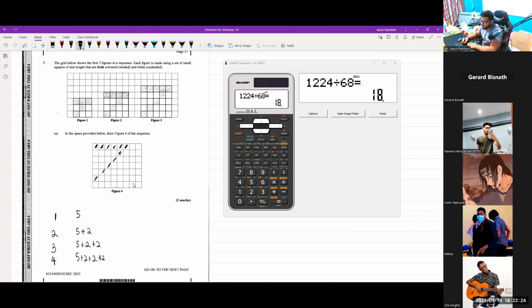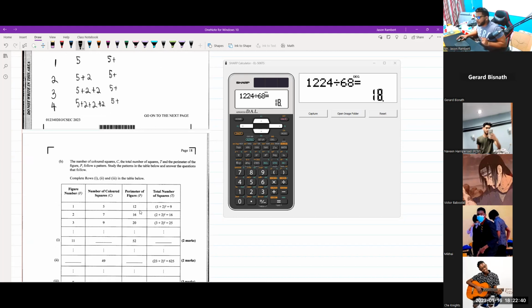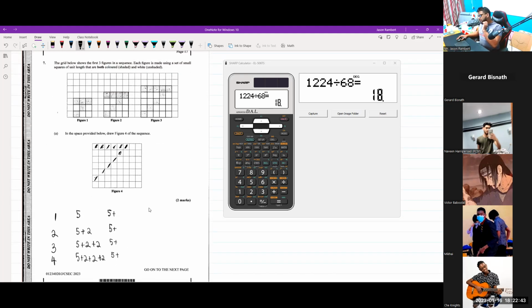So I can say the pattern here, for the number of colored squares, is 5 plus 2 into n minus 1, where n is the figure number.